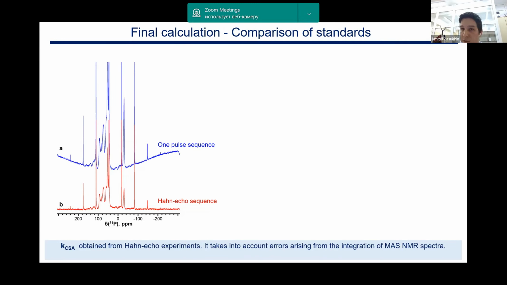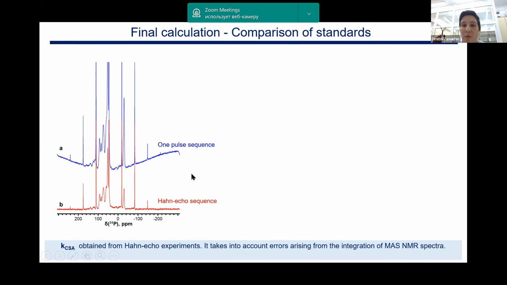And the chemical shift anisotropy parameter in the spectrum is the same as in the one pulse sequence. So the ratio between the sum of central line and spinning sidebands intensity and only central line intensity is the same as in the one pulse sequence.